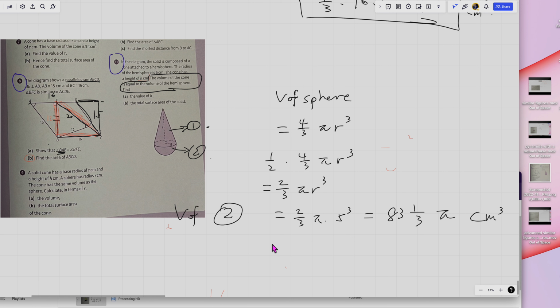V of 2. So now 83 1/3 pi is equal to... how do you get the volume of cone? Formula: 1/3 times base area times the height, right? Yeah. And then continue. No, you don't have to divide first.